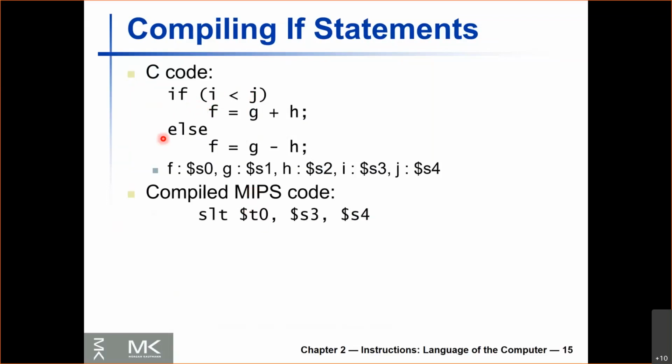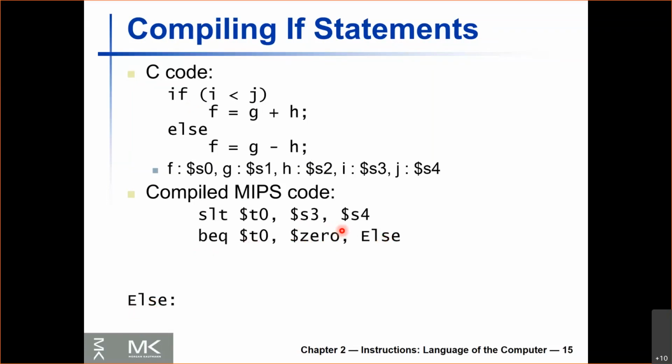What we're going to do is first have an else label that we need to branch to, like we did before, and we're going to do branch if T0 is equal to 0 to the else label. Here, this is another common way of using the 0 register. You guys remember the 0 register?